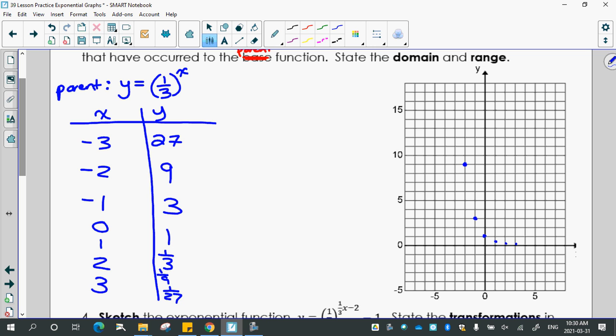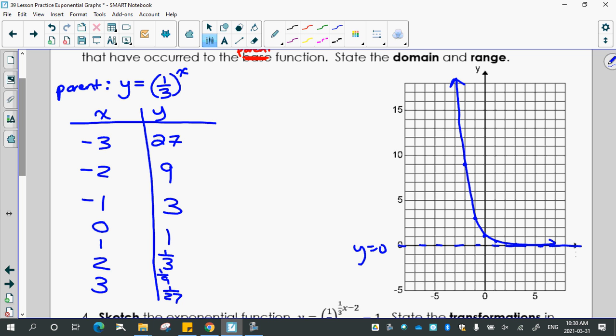Okay? Then I'm going to draw in my asymptote and label it y equals 0. And then try my best with a smooth curve here. So that should be your parent function for this.